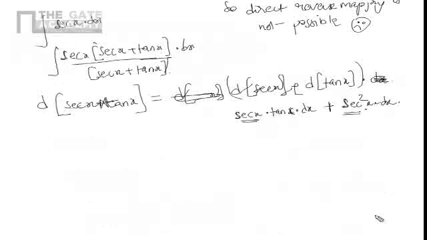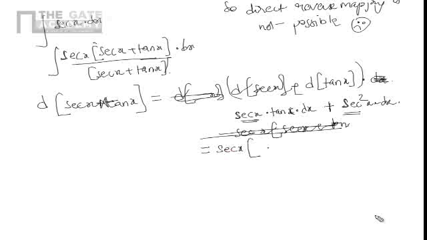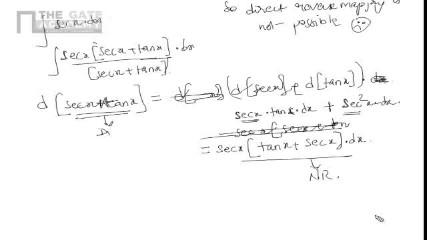If I group and write, one second, sorry for the confusion, it will be secant x into tan x plus secant x dx. And what is this? This is the term sitting in the numerator, and this is the term I started with, this is the term sitting in the denominator.